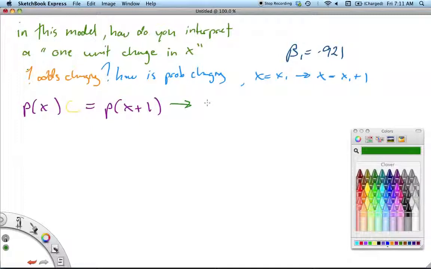Okay, so what we're saying, and actually what I want to do is use that alternative form of the probability.